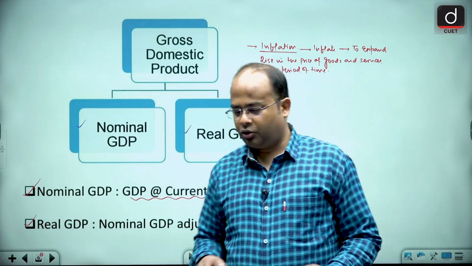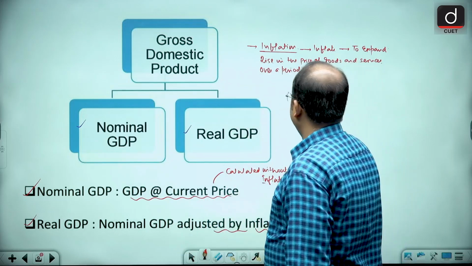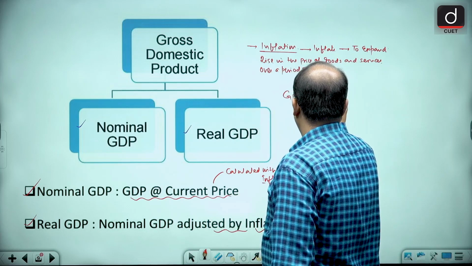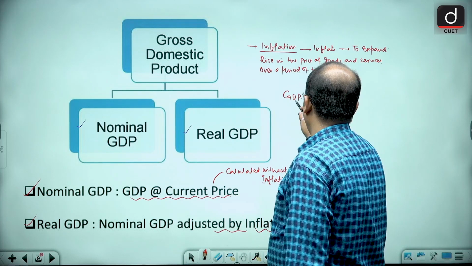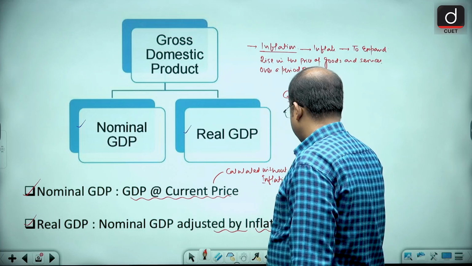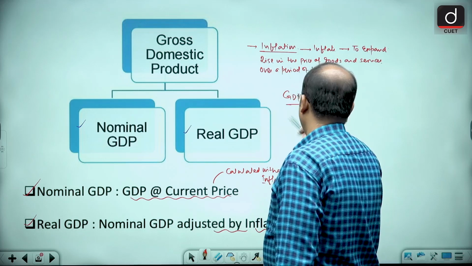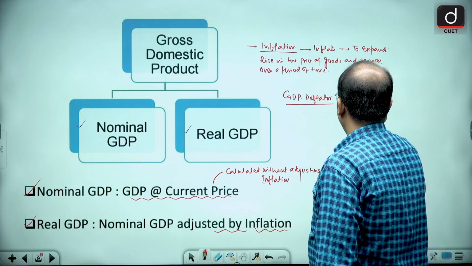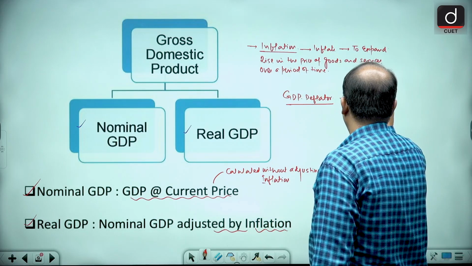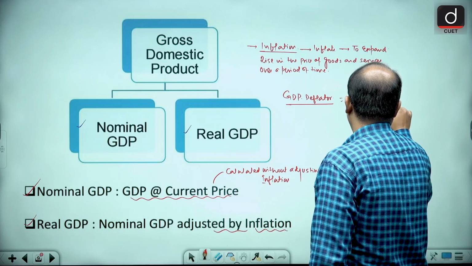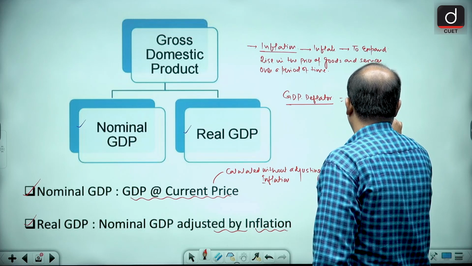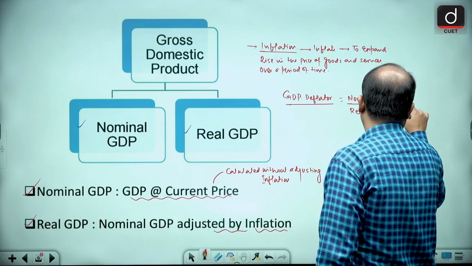Now guys, there is a concept called GDP deflator. What is GDP deflator? Generally you will be asked the formula. So that is nominal GDP divided by real GDP into 100.